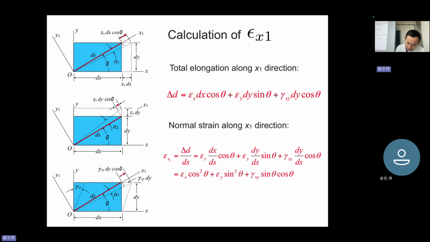We know these three values: epsilon x, epsilon y, gamma xy.